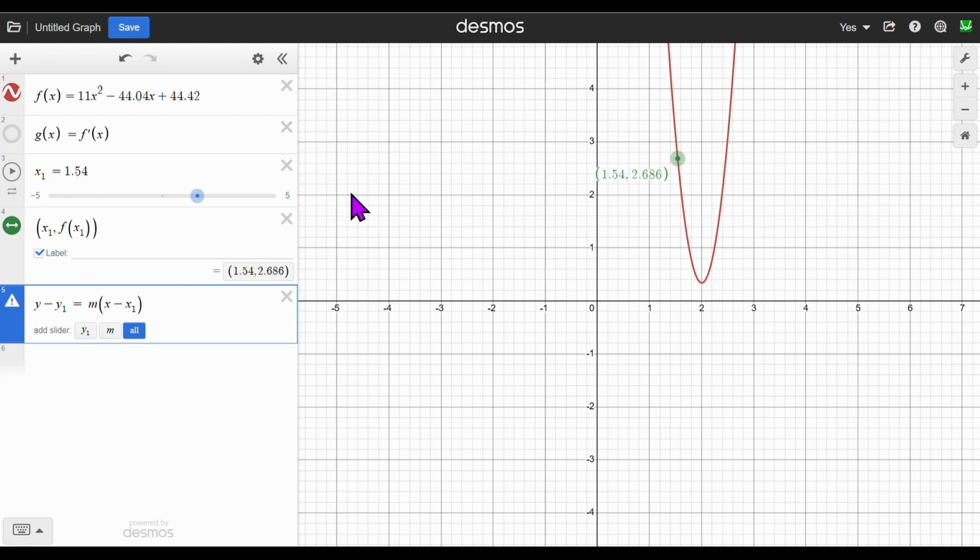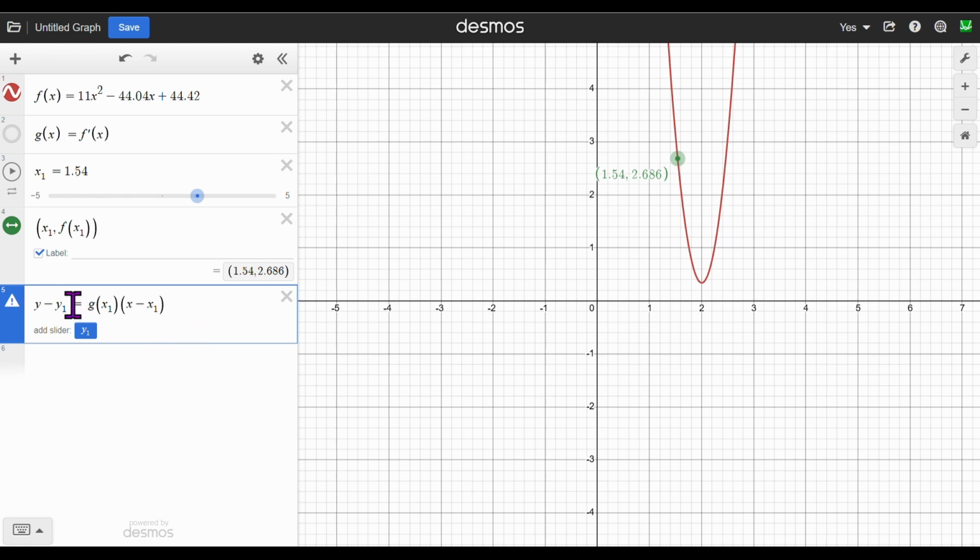Now the question would be, what is the value of m? At this specific point, the slope would be equal to g of x1, because x1 is the point and we are trying to get the slope here. So this is the line equation which we have formed.